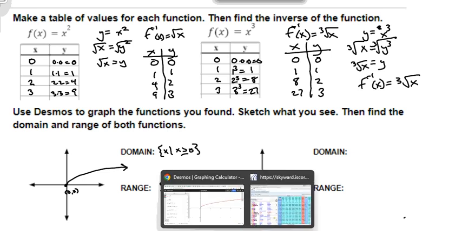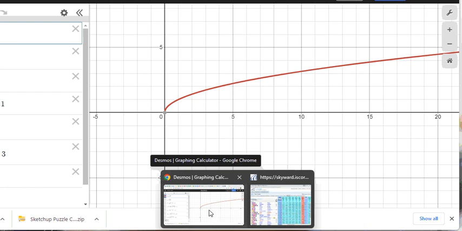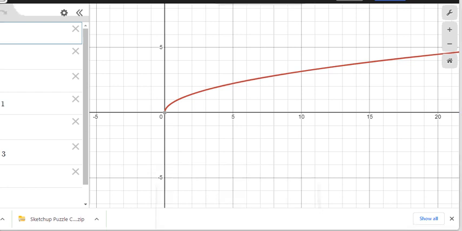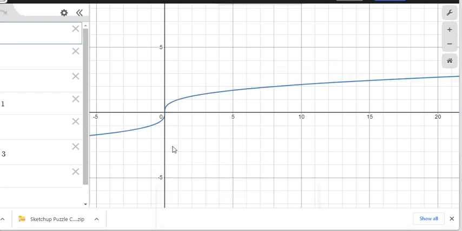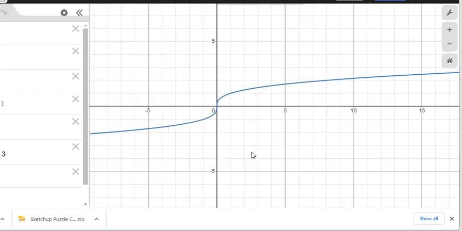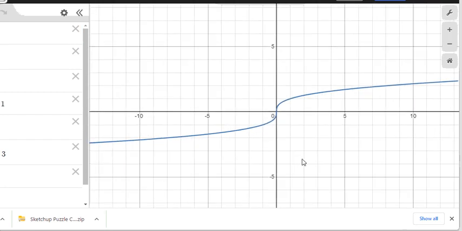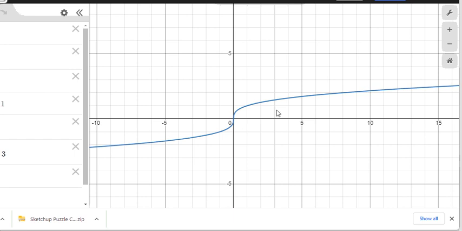Let's head back to Desmos and do our cube root functions now. So we're going to toggle this one off and toggle the cube root one on. And this one is really interesting, a lot more interesting. It looks a lot like the square root function, except that this has a negative component.